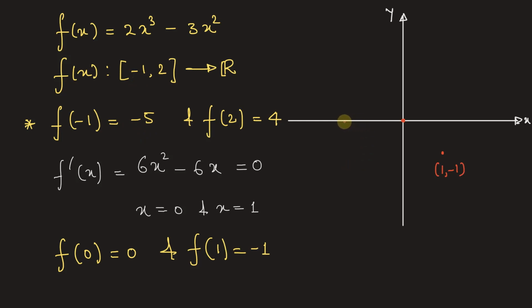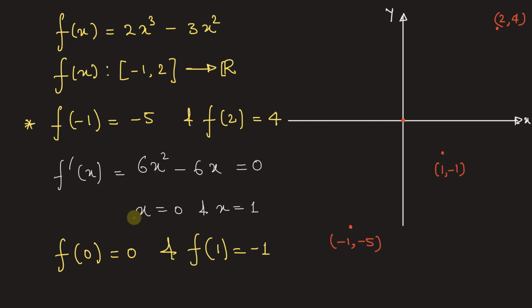So -1, -5. And at x is equal to 2, the value of function is 4. So 2, 4. Now we also know that its slope is 0 at x is equal to 0 and x is equal to 1. That means at this point and this point, the slope of the function is 0.